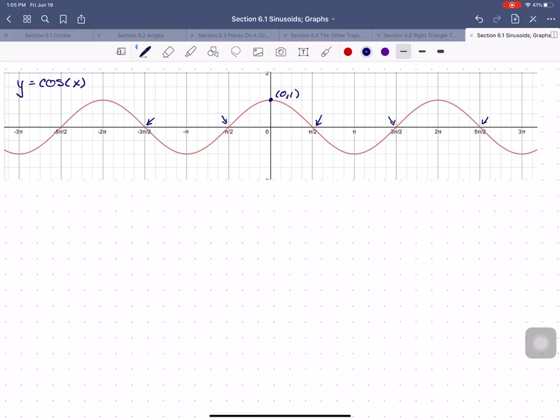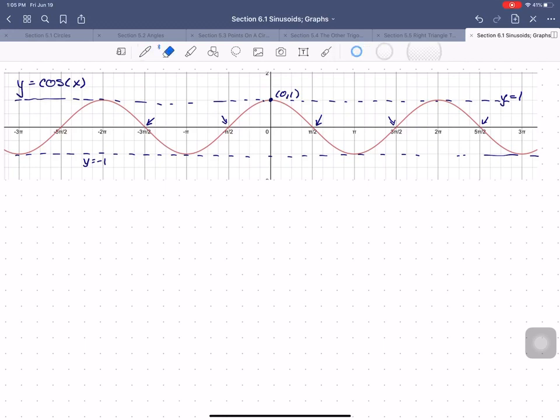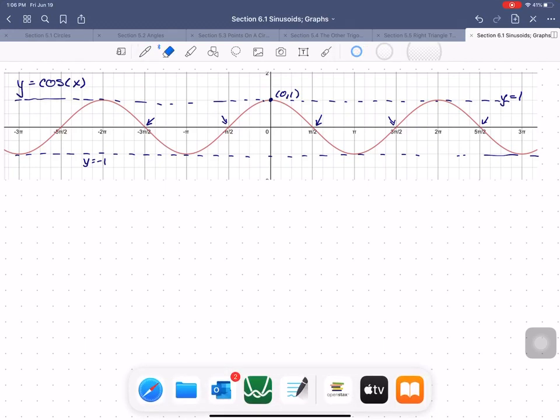Notice also that cosine alternates. The y values never go below negative 1 and never go above 1. Think about why that might be in terms of how we generated this function based on that circle.